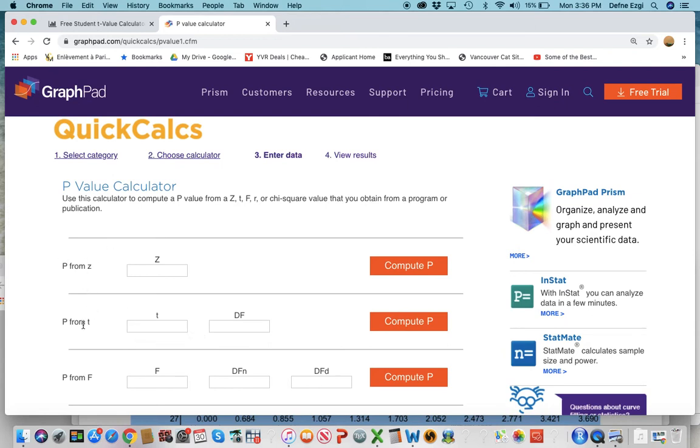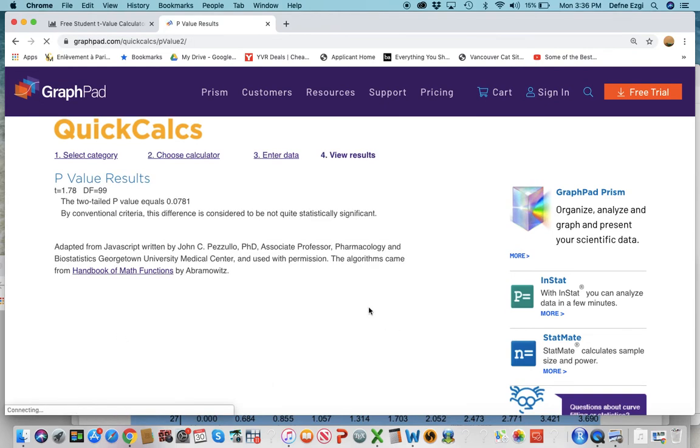You can also look it up from a z-score. So this is from a t-distribution. 1.78 is my t-score. My degrees of freedom, remember, I had 100 observations. So my DF is 99. So when I put in this information and click on compute P, it gives me a very precise p-value.